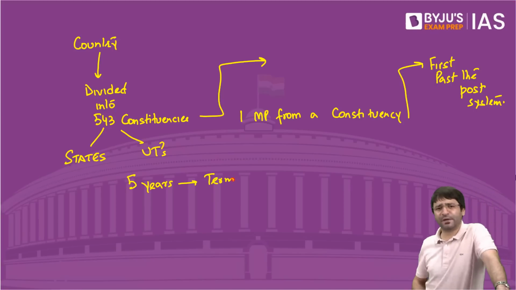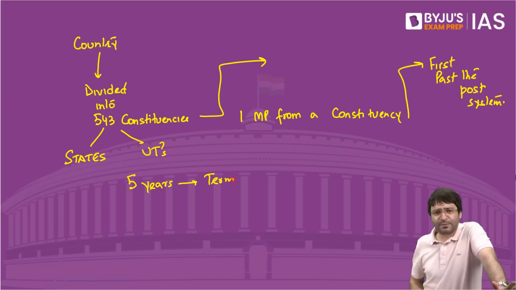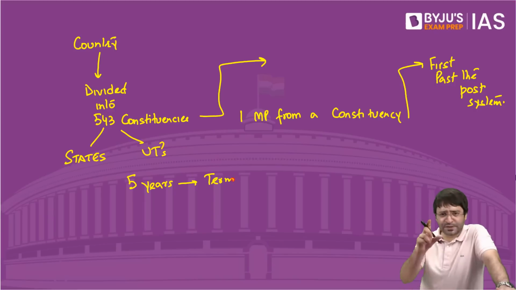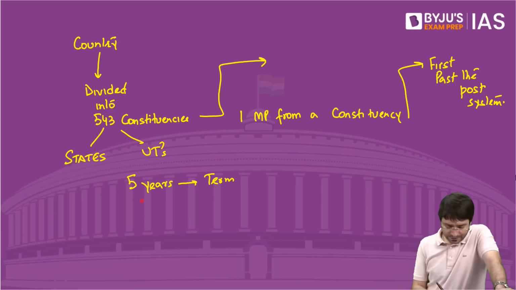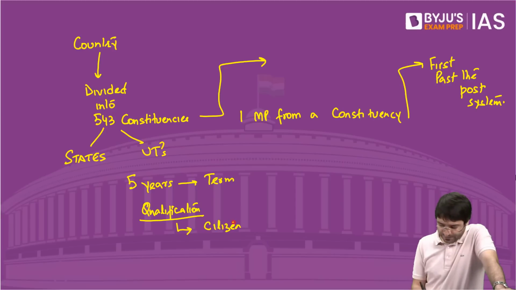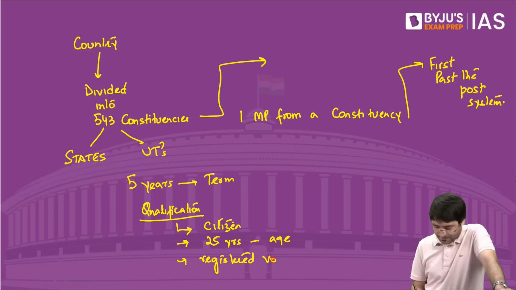But even before 5 years, you can resign or you can be disqualified, or the Lok Sabha itself can be dissolved, which we will discuss day after tomorrow. But what is the qualification in order to become an MP of Lok Sabha? You should be a citizen of India, must have completed 25 years of age, and be a registered voter in any parliamentary constituency.